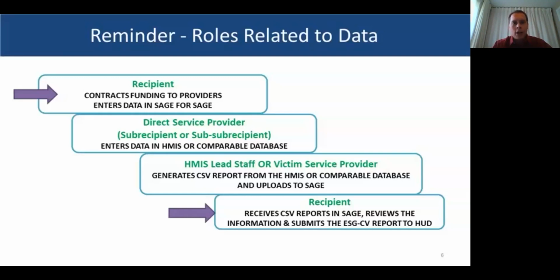They have a lot of different topics, but we answer a lot of ESG notice, ESG-CV notice questions there. You can also use the AAQ. I do not know if there's another session like an office hours just devoted to the ESG-CV notice that will be provided again, but you can certainly attend the normal office hours on Friday and ask those questions.